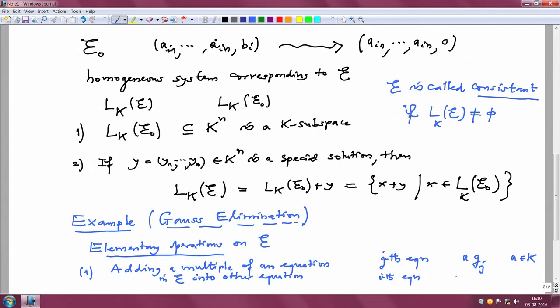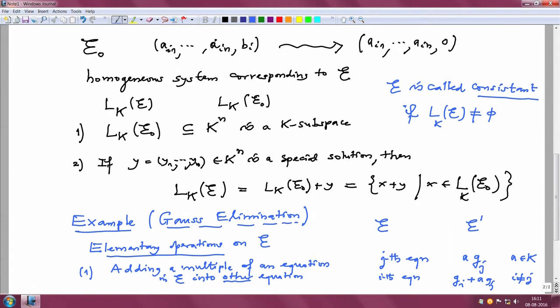So the ith equation will now become Gi plus A Gj, and i is different from j. That is, here I have written other. So first of all, note that if I do this operation and if I call the original system to be E and the new resulting system to be E prime, the solution space will not change.